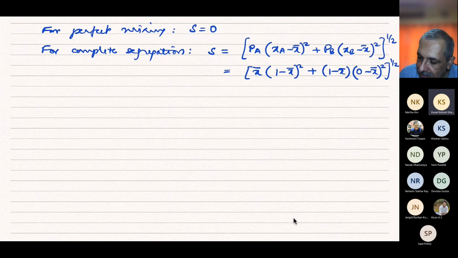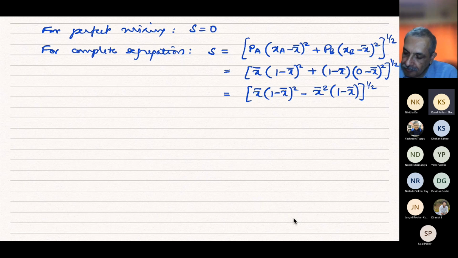So you can see here, this is just equal to x bar into 1 minus x bar whole squared minus x bar squared into 1 minus x bar, raised to the power of half.